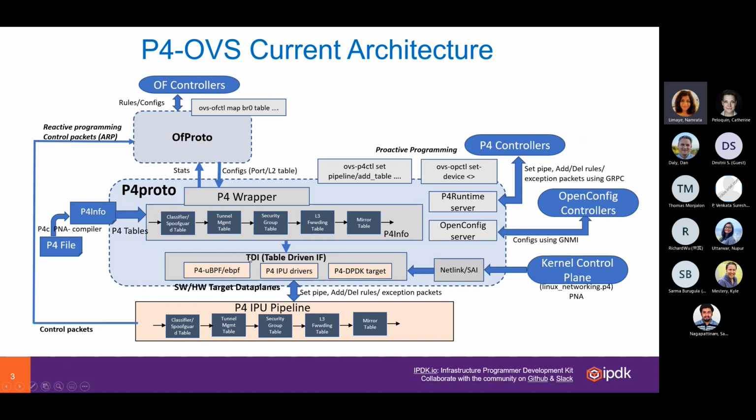This provides a target agnostic interface and a target dependent library that can be linked to the target agnostic part and called into the target. So this is all right now integrated in P4OVS with the current architecture. And from here, we are moving on.